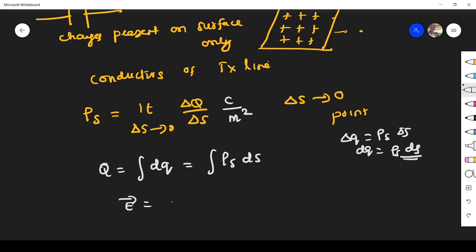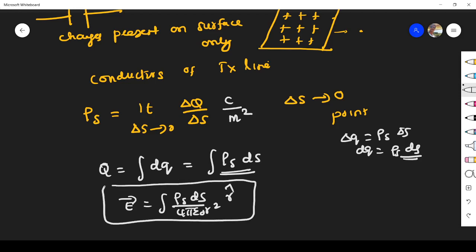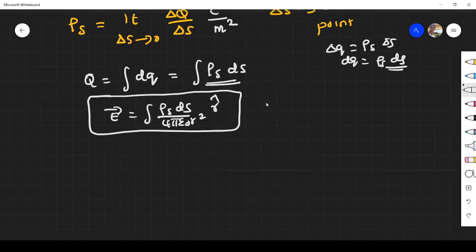So E is equal to Q by 4 pi epsilon naught. Instead of Q, we substitute this one, so rho S ds divided by 4 pi epsilon naught r square into r cap, the unit vector, right? So this is the electric field due to surface charge.